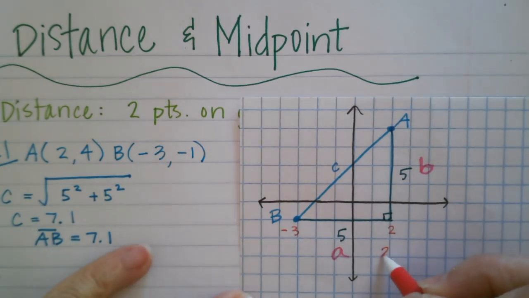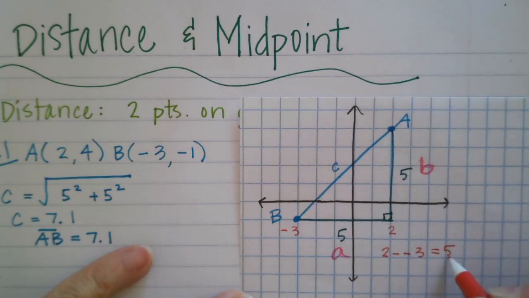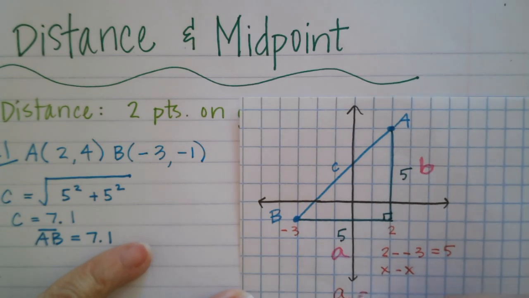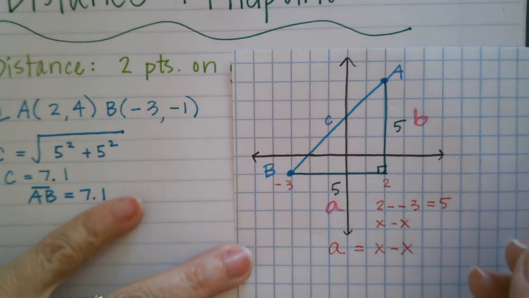So 2 minus -3 gives 5. What I did right here is I just subtracted the x's. So A is what we get when we subtract the x's.